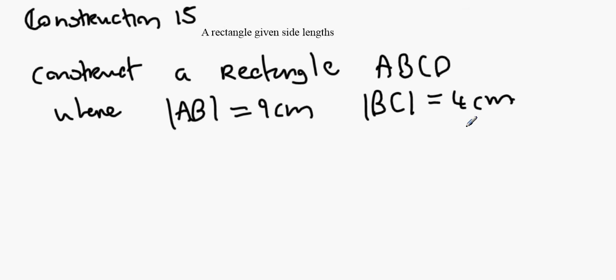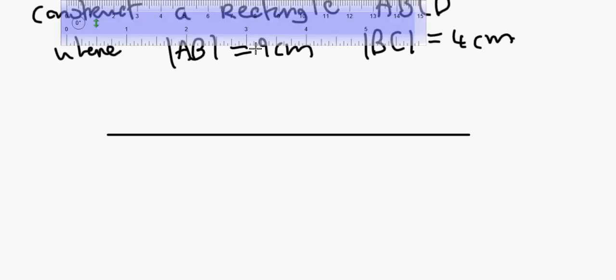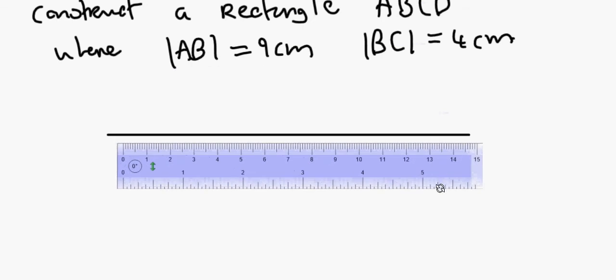So all we need to do here is just draw a line at the start. Any odd line will do. Okay, and construct a line segment AB where AB is 9 centimeters. So we'll just make it a bit smaller.